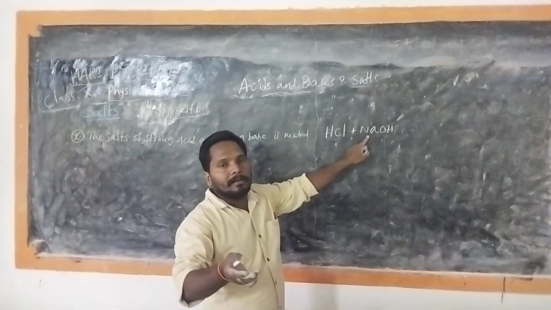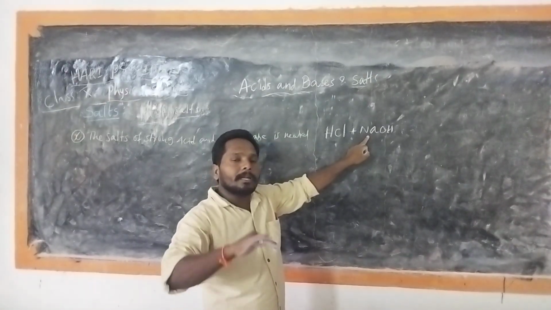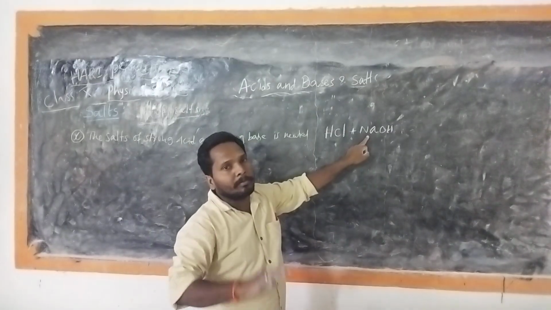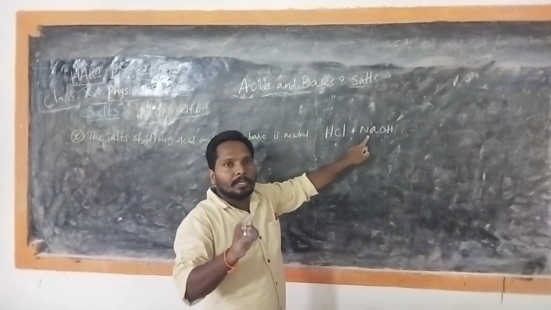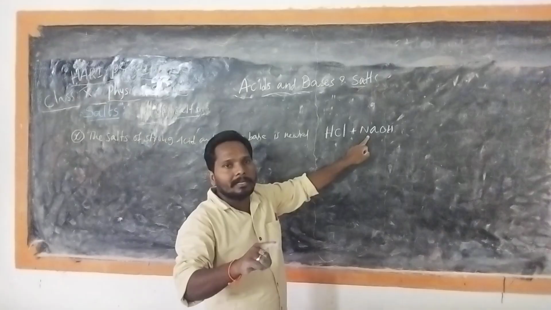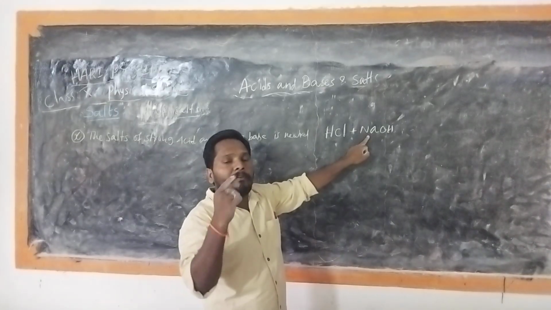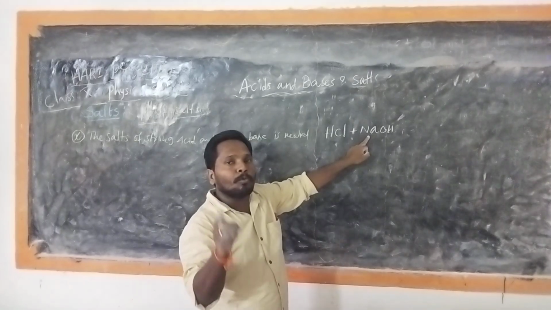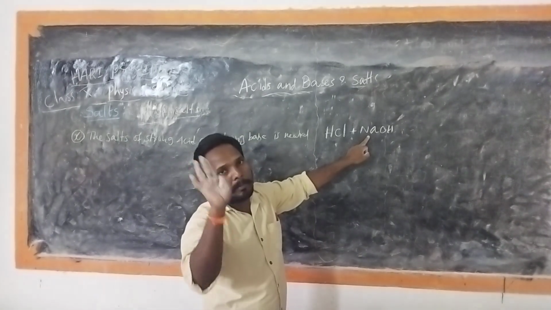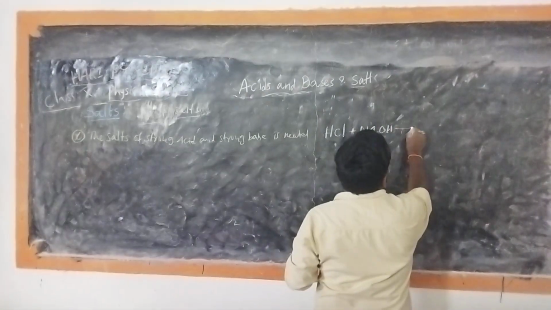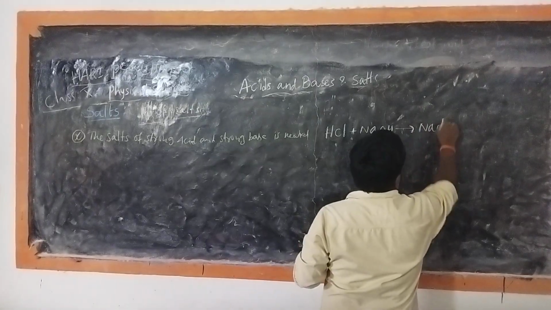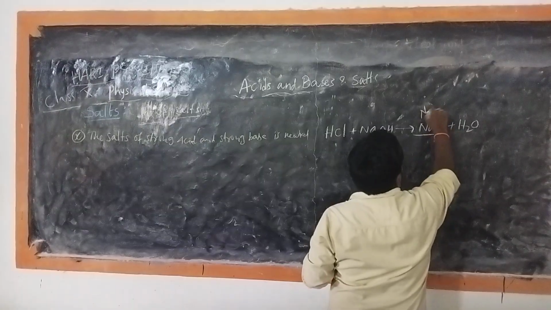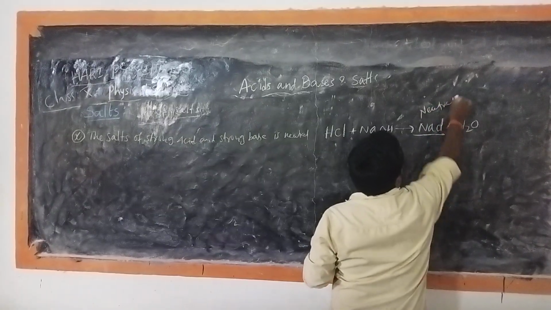Similarly, sodium hydroxide completely ionizes and gives a maximum number of OH minus ions. If an acid gives a maximum number of H plus ions, it is a strong acid; if a base gives a maximum number of hydroxide ions, it is a strong base. So HCl plus NaOH gives sodium chloride plus water. This is a neutral salt.